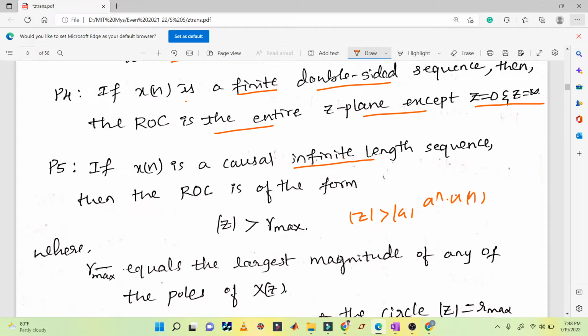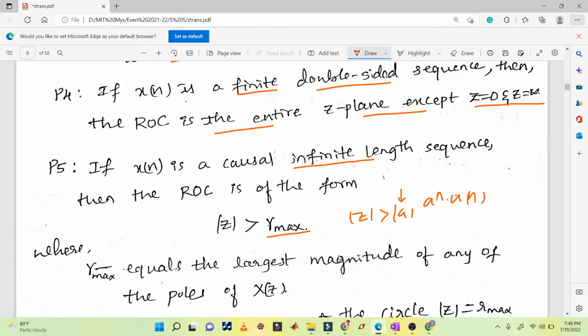That is, if x of n is causal, meaning positive sided, and an infinite length sequence, then magnitude of z is greater than r max. This r max is nothing but the maximum radius, that is a. R max equals the largest magnitude of any of the poles. If we have 10 poles, whichever pole has the largest value, we call that the largest pole.